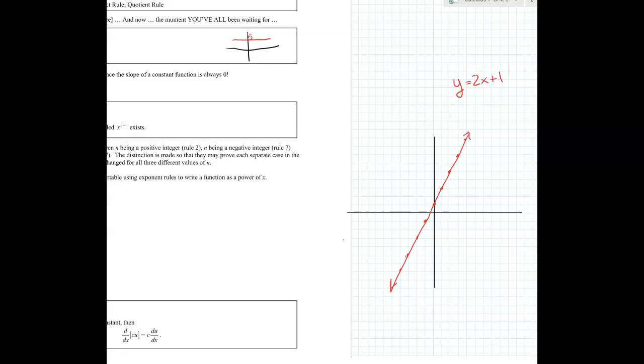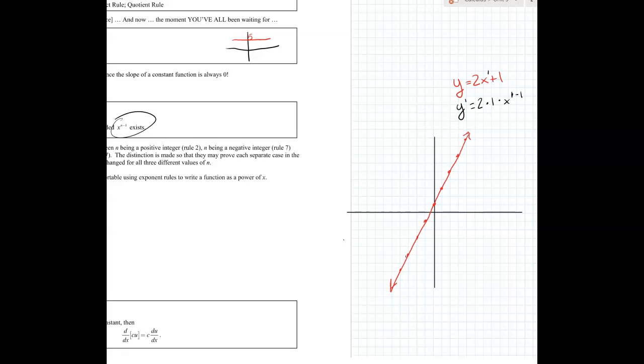But let's say that I need to find the derivative of this. Well, I know that this is y, so y prime would just be 2, and that would be it. But using this little rule, because we can, I would say that's 2 times 1, which was attached to my exponent, times x, and then I would have n, which is 1 in this case, minus 1.